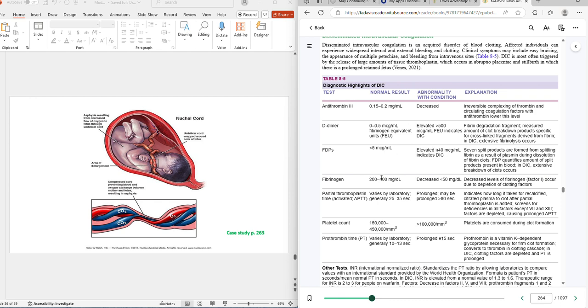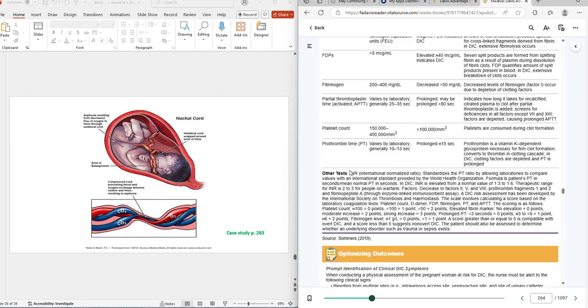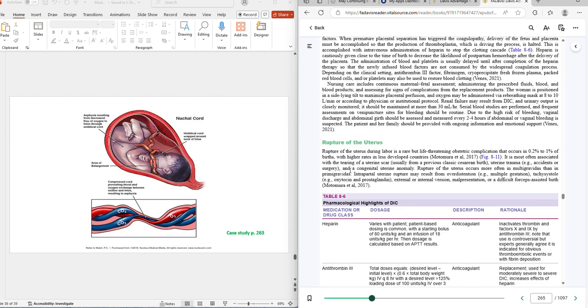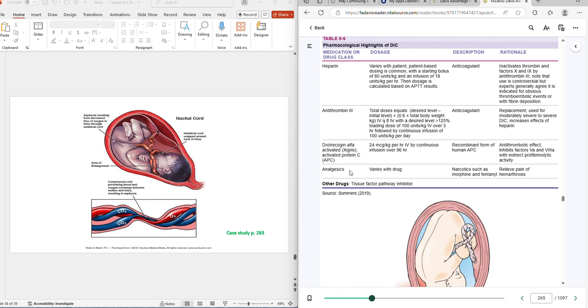These are the different labs, D-dimers, PT, PTTs, fibrinogen, all of these are done to check for this, okay? Then there's some drugs that we use, okay? Heparin, antithrombins, because it's overproducing of the clots, okay?